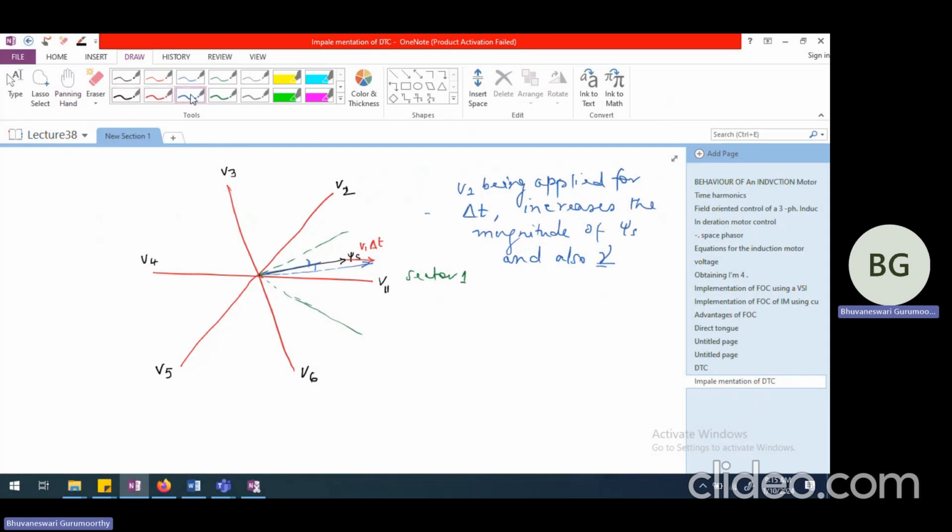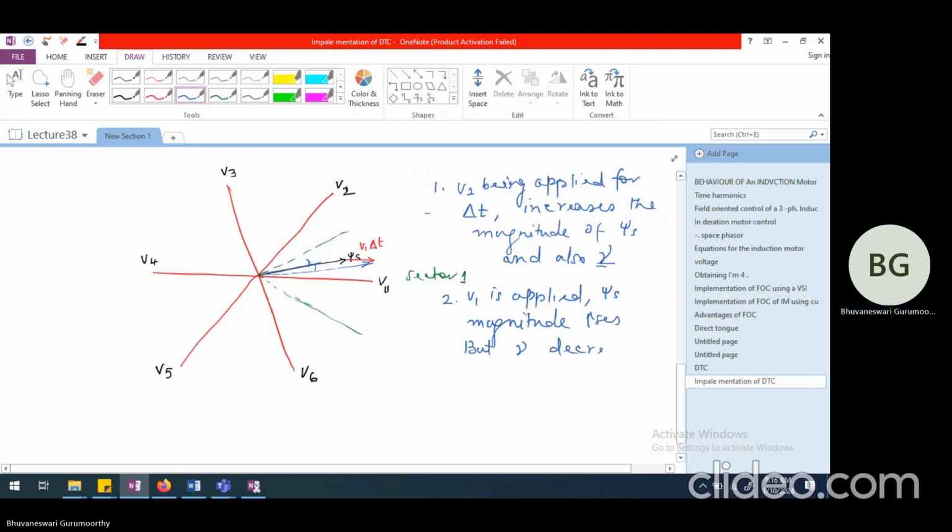So I can say if V2 is applied, both the magnitude and the phase angle increase. If V1 is applied, psi s magnitude increases, but gamma decreases. So if I want to increase the flux linkage magnitude, because the error says so, but I want to decrease the torque, then I should be applying V1.